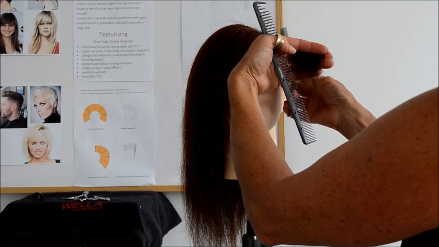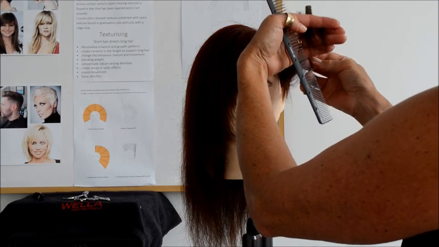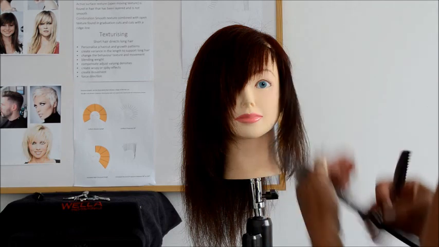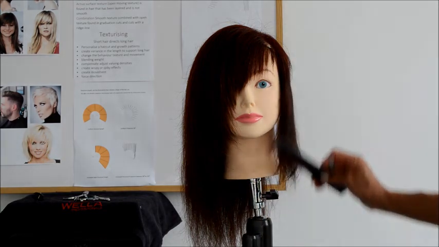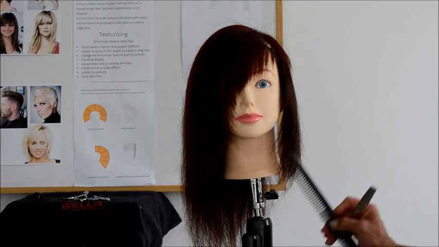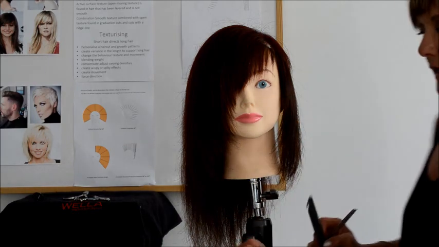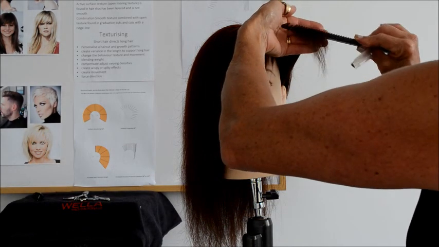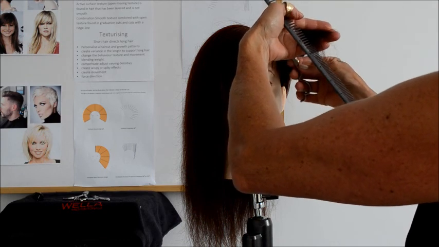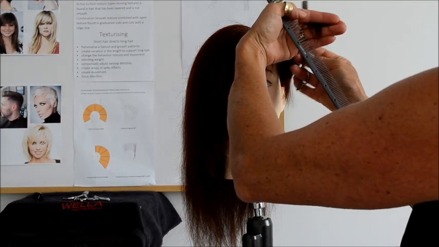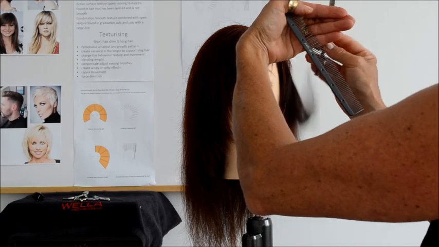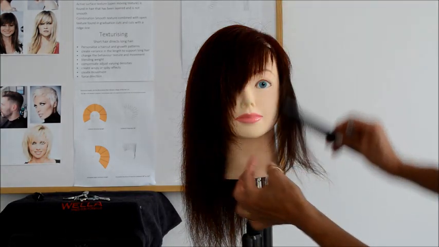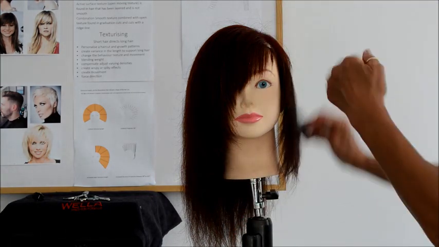So coming through and lifting that up, you can see how I'm creating a shorter area down through to my longer area here. So just going over that again, lifting the hair vertically, starting from your shortest point behind your hand, and you're just slithering across the weft to create this lovely soft texture.